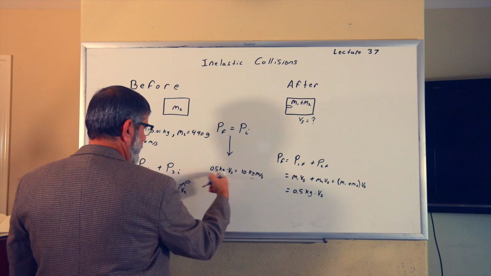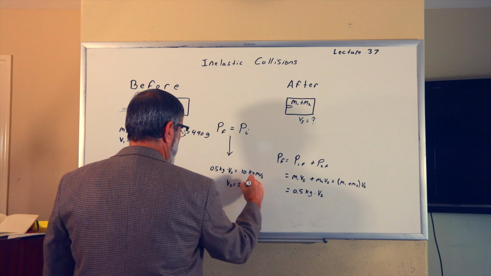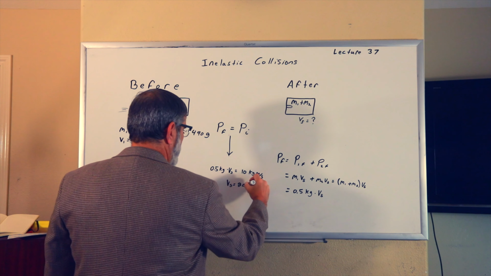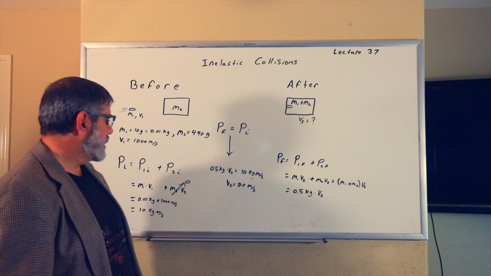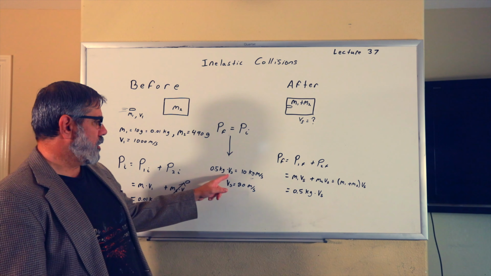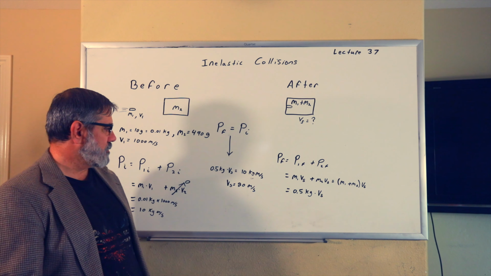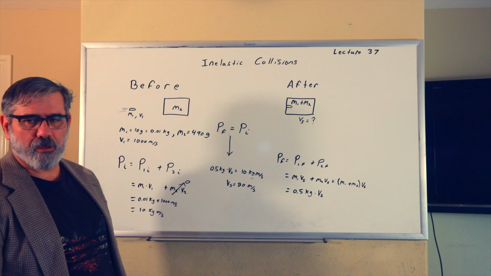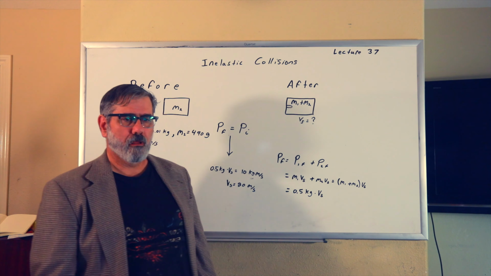We can multiply both sides by 2, and that will give me V sub S equals 20 meters per second. So it's a pretty quick moving block. All I did was solve for V sub S by dividing out 0.5 kilograms from both sides. That left me with 20 meters per second as the velocity of the block and the bullet moving together.